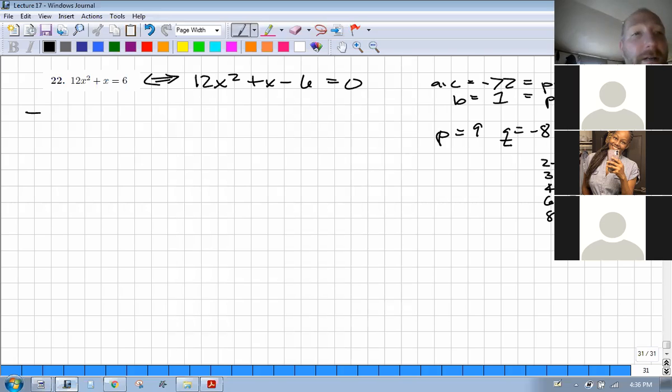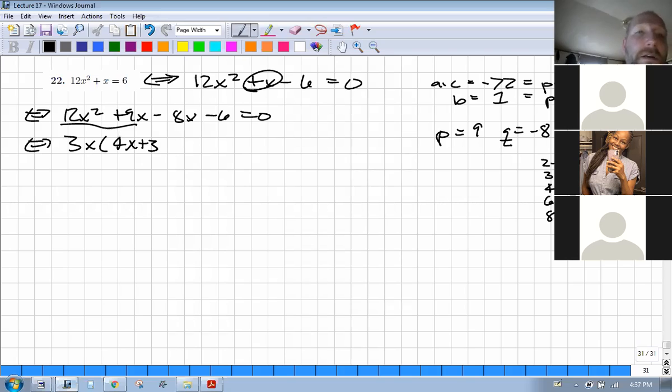So let's rewrite this plus x as 9x minus 8x. So here we'll pull out a 3x. That gives us a 4x plus 3. Here we'll pull out a -2, which gives us a 4x plus 3 again.